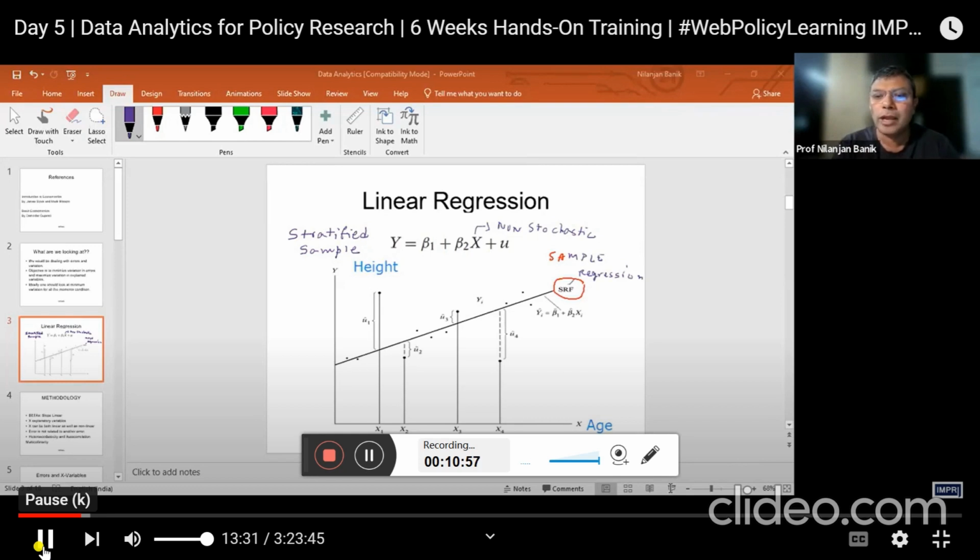Now, in order to go as close as possible to the actual data, I have to know the population. Population is actually how the data is behaving. Now, let's assume that here you see x1, x2, x3, and x4.